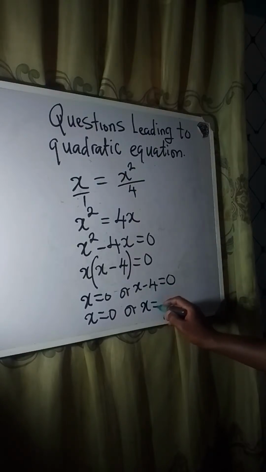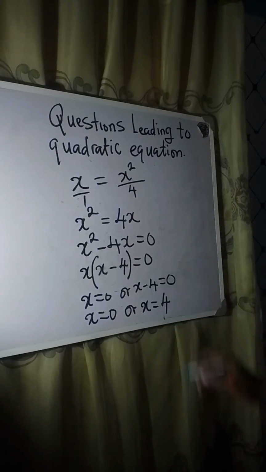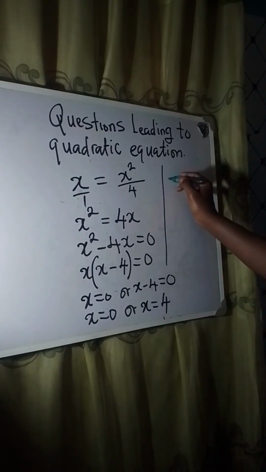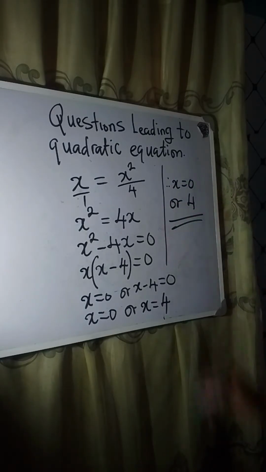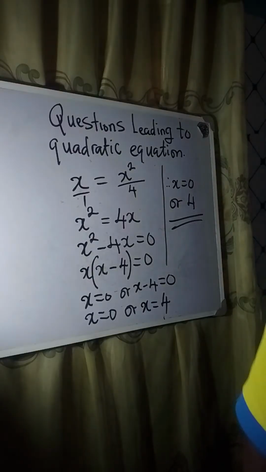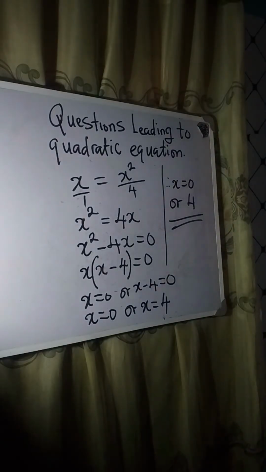So our x is equal to 4. Therefore x is equal to 0 or 4. And this is what Monster Gaming got.